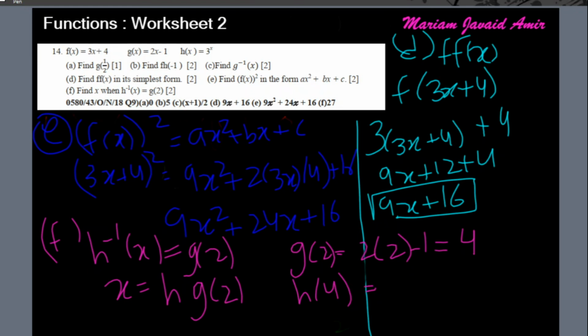In fact, g2 is not 4, it's 3. 4 minus 1, this is 3. So now we need to find h3. So in h(x) substitute x equals 3, so 3 power 3 is 27.